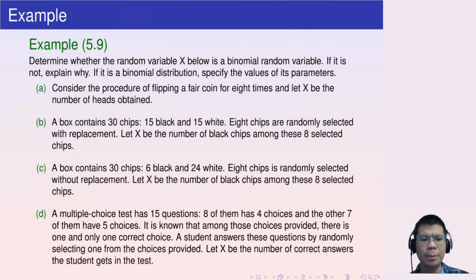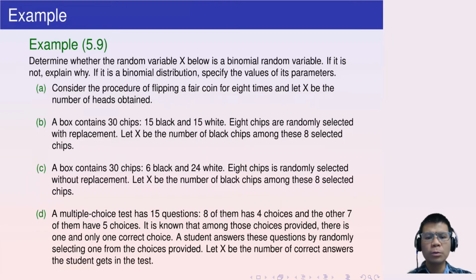Now consider this example. We want to determine whether the random variable X below is a binomial random variable. If it is not, explain why. If it is, specify the values of its parameters. Let's consider A: the procedure of flipping a fair coin 8 times, where X is the number of heads obtained.